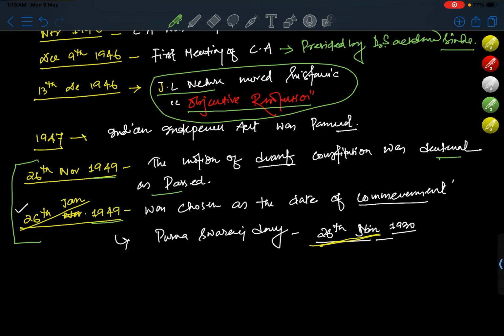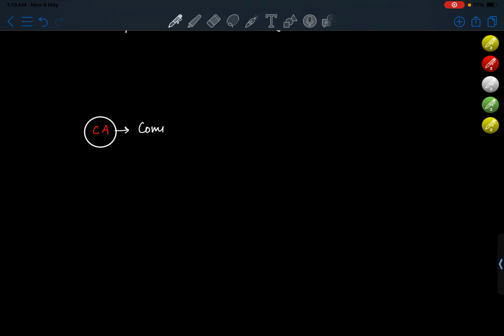Next, there are some committees. Now you should understand one thing. In the Constituent Assembly, there are some committees.